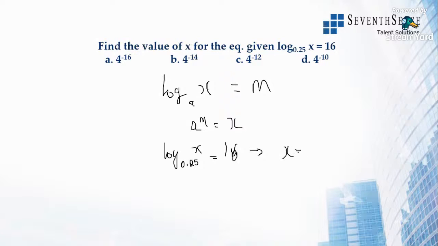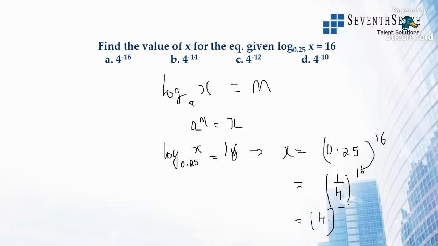So x is equal to 0.25 whole power 16. 0.25 is 1 by 4, so it is nothing but 1 by 4 whole power 16, or this is nothing but 4 power minus 16. Simple. This is a simple question, guys. Option is A.